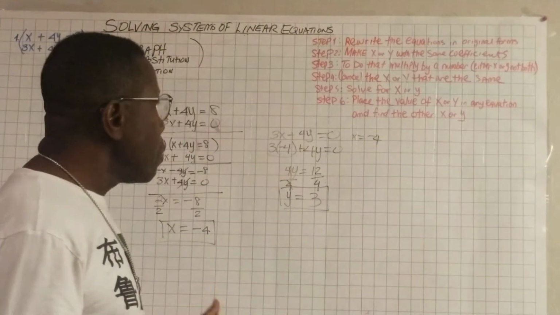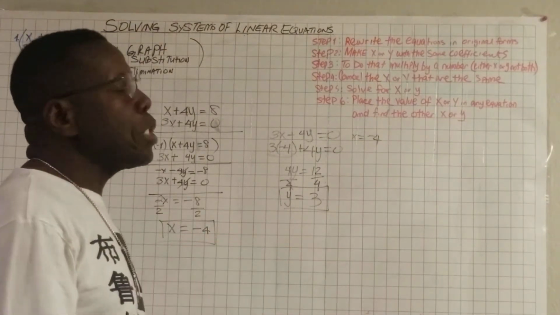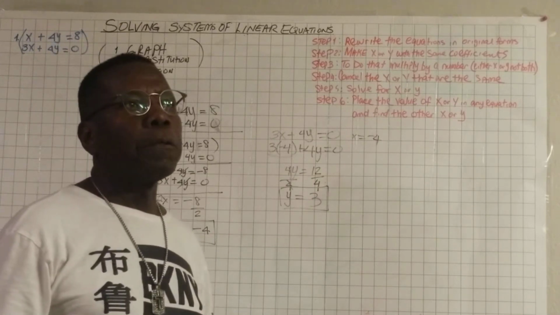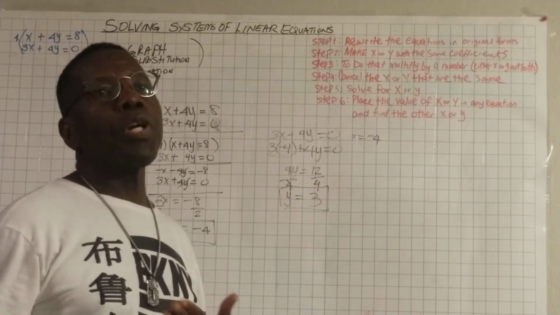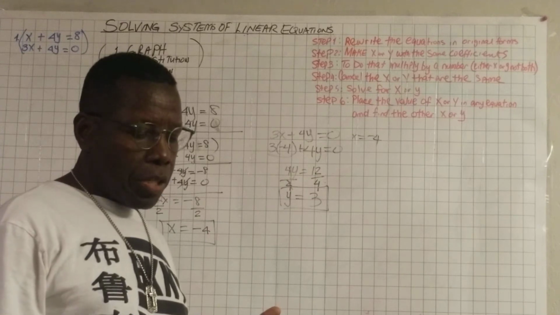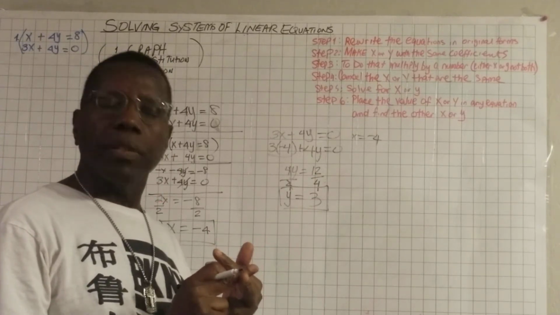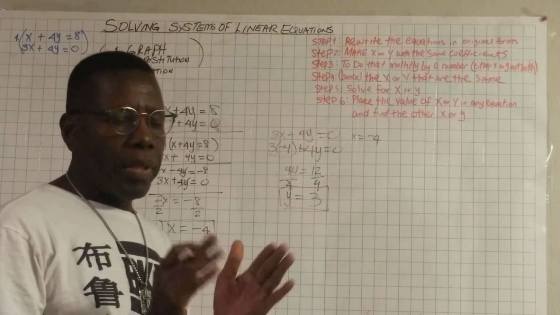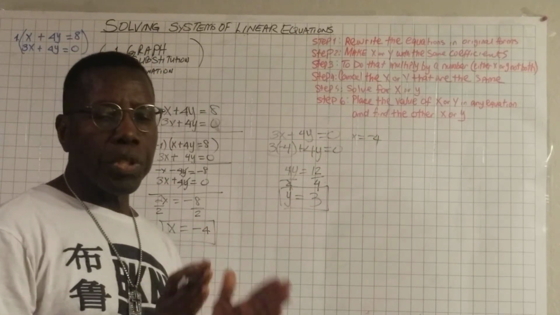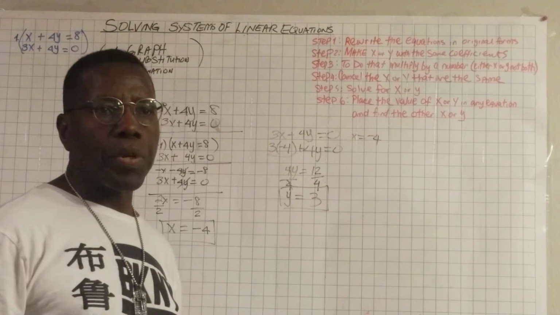So you can find solutions to systems of equations either by using a graph, wherever they intersect, that is your solution. If they're parallel, there's no solution to the system of equations.